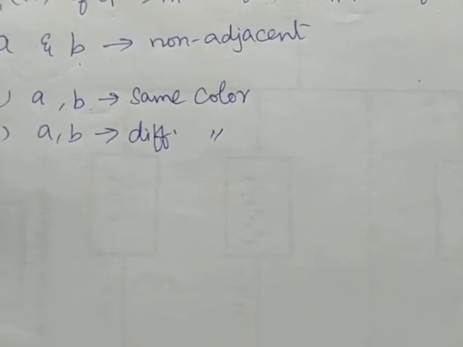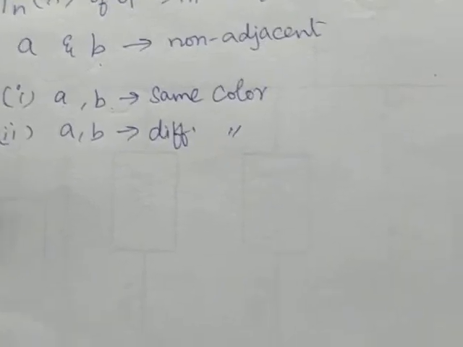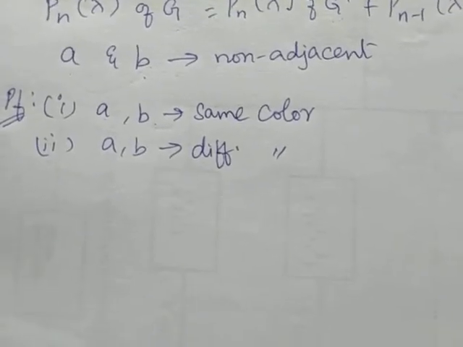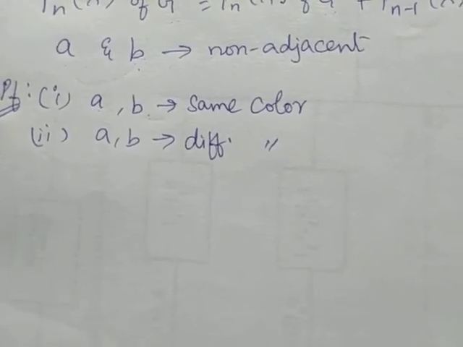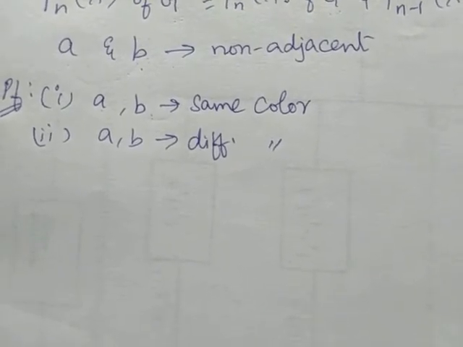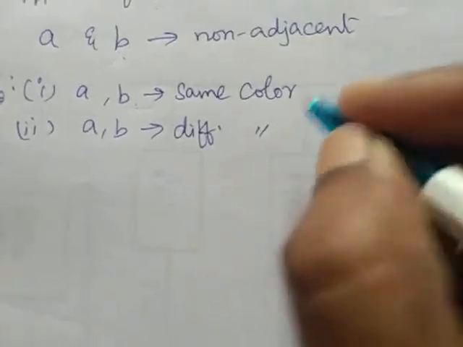Now the number of ways of properly coloring G with A and B as different colors is equal to the number of ways of properly coloring G dash.